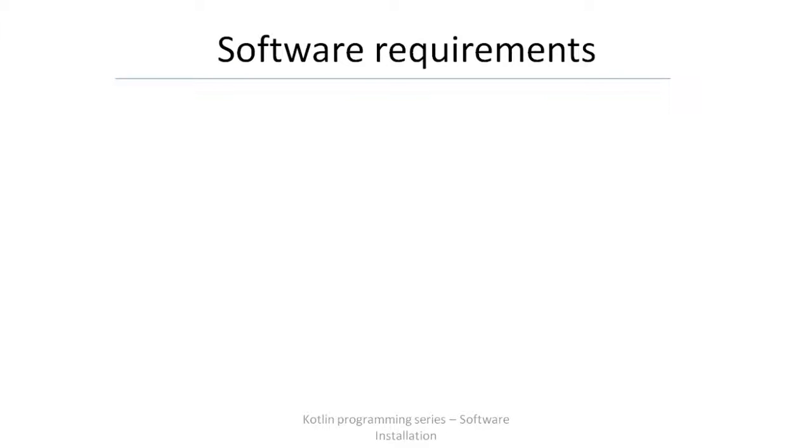That means it needs Java Virtual Machine to run and execute its program. So it's obvious that Java environment is required for Kotlin, and that is Java JDK is required. So this JDK stands for Java Development Kit.